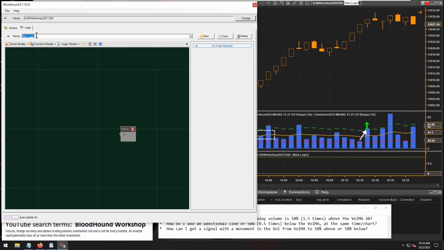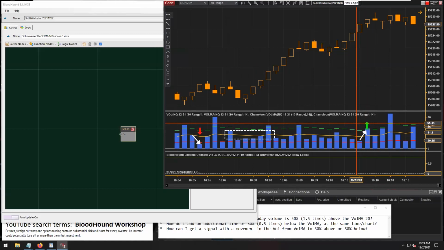I need some kind of a name for this. So essentially we're looking for a volume movement to the volume MA of 50% above or below. This is going to be done basically with a bunch of comparison solvers. Creating this on the chart kind of simplifies it visually.